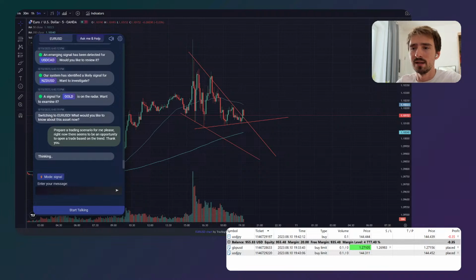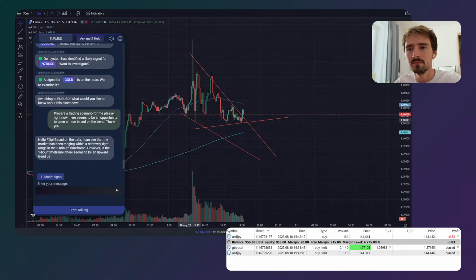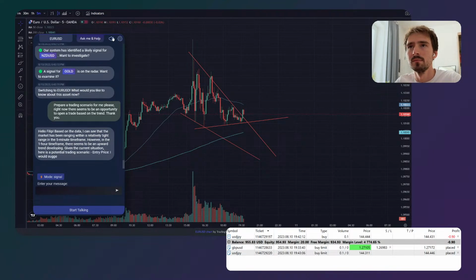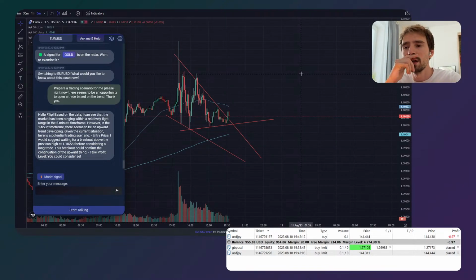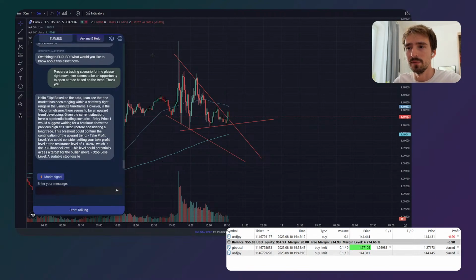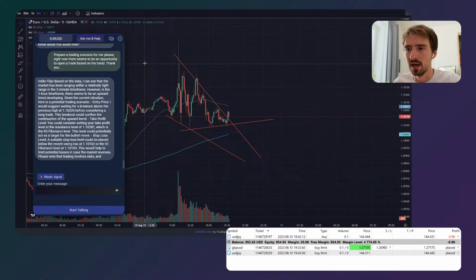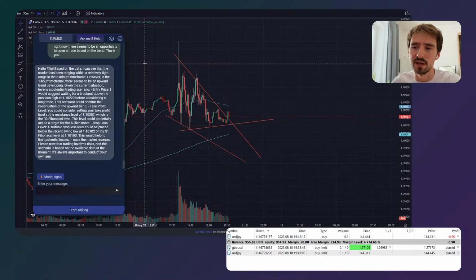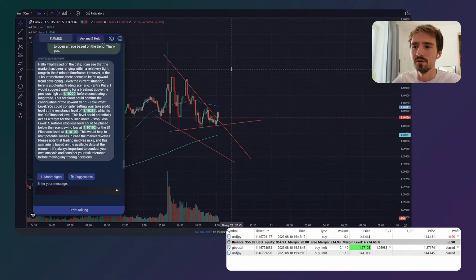So I'm working on an update for MetaTrader, for whoever of you uses MetaTrader for trading. Let the AI tell us what to do. I'm working on a plugin that will allow you, using the app here, to load the data right away. So if it gives you entry price, take profit, and stop losses, you enter it here, and it then communicates it automatically for you into MetaTrader, so you don't have to do it manually.